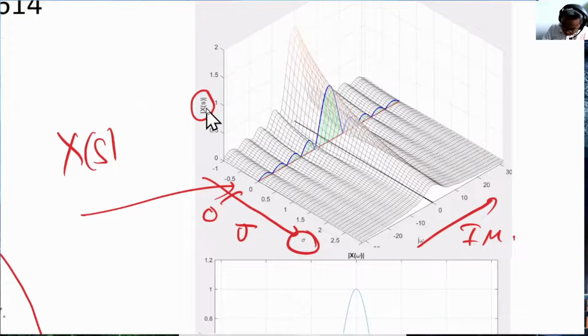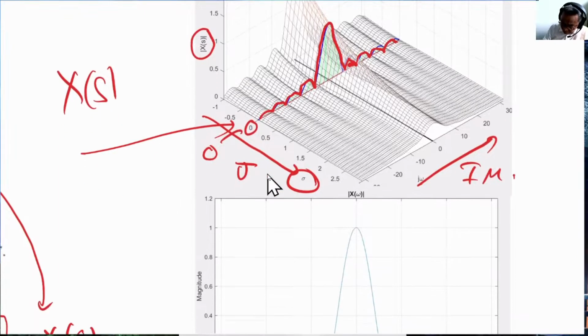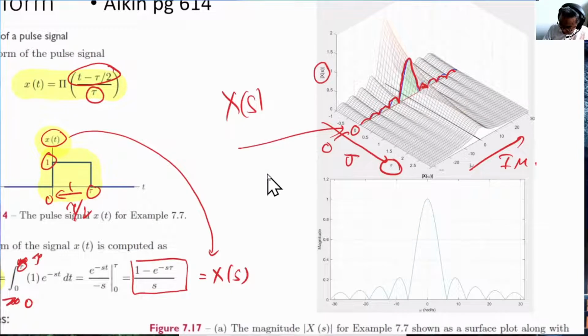Now remember, the interesting thing is when we are interested in sigma equals 0. So we draw the blue line over here. Now I have colored it red, and we extract this red part. In fact, this is very, very similar to the sinc function, and it is exactly the magnitude of the sinc function.